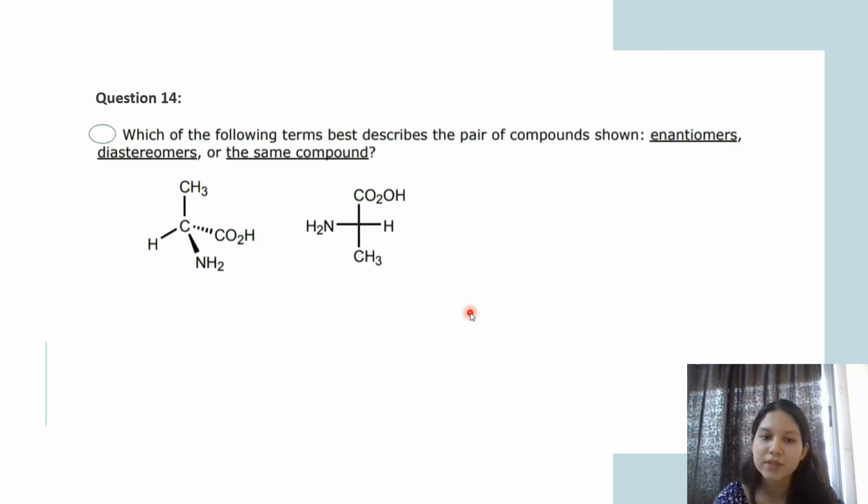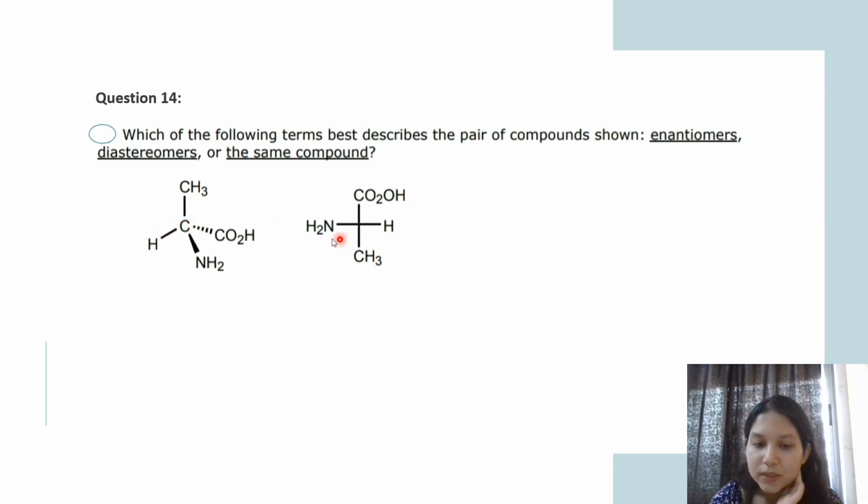Then you have question number 14. Which of the following terms best describes the pair of compounds shown? Are these enantiomers, diastereomers, or the same compound? You are given a pair of molecules, and both the molecules contain an asymmetric carbon atom which is connected to one methyl, one carboxyl, one amine, and one hydrogen atom.